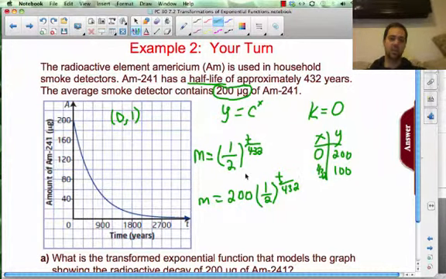If it was just t, it would be decaying every year, and this curve would be very, very steep, and it would reach almost zero mass way, way earlier somewhere over here. Instead, you can see well past 2,700 years, it starts getting closer and closer and closer to zero.